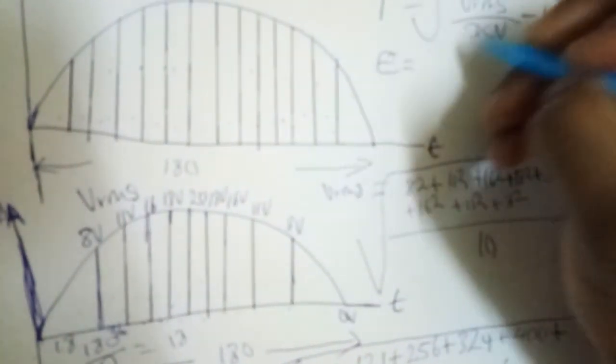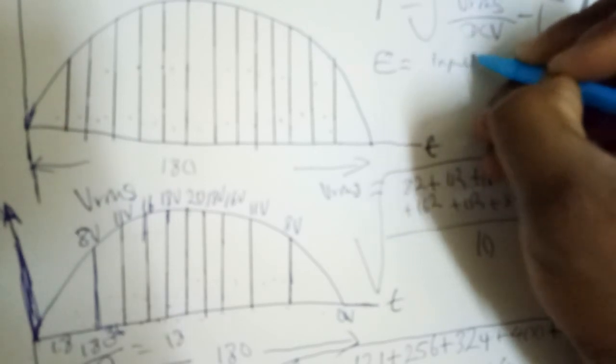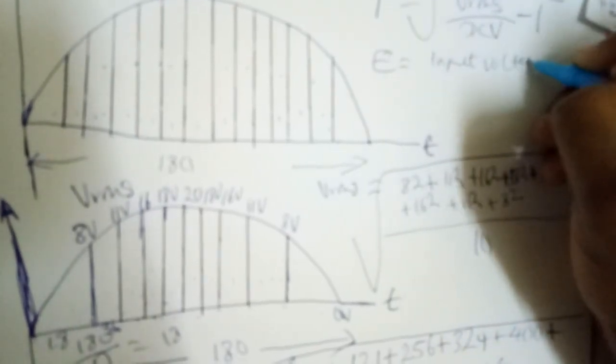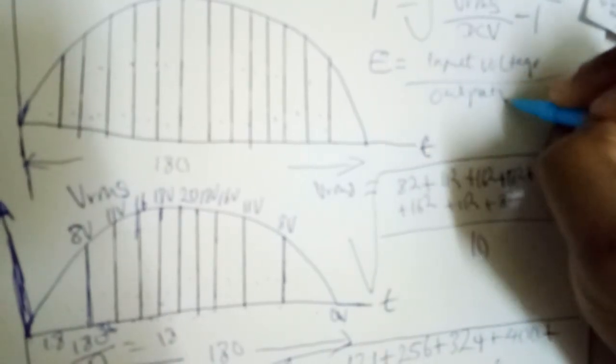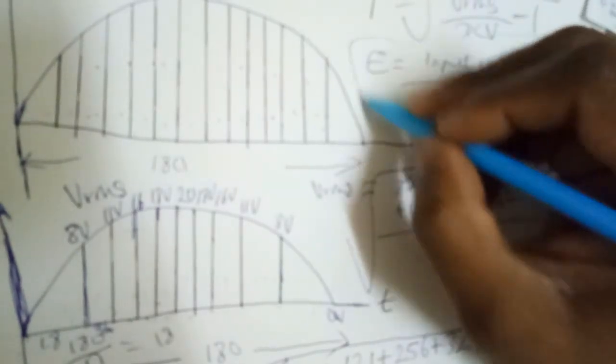Efficiency is equal to input voltage over output voltage. That's how you calculate the efficiency of the rectifier.